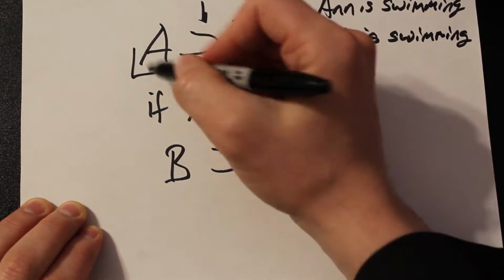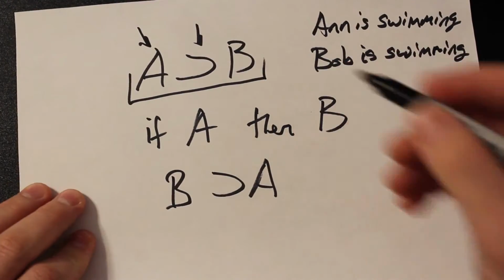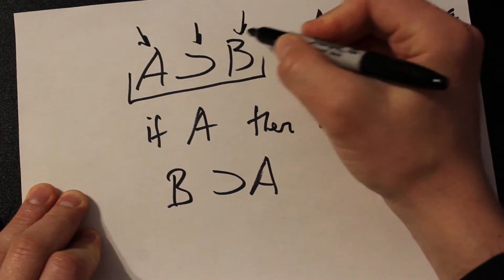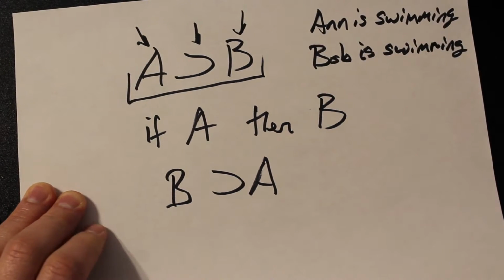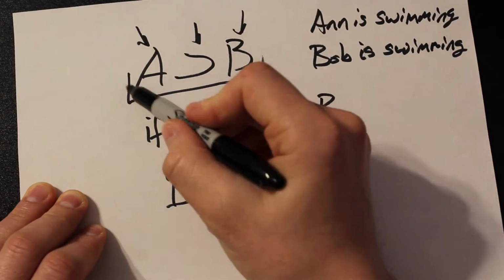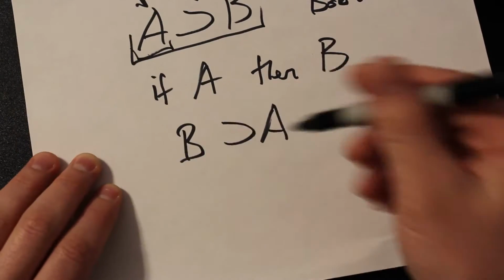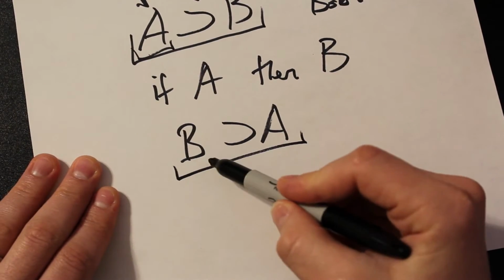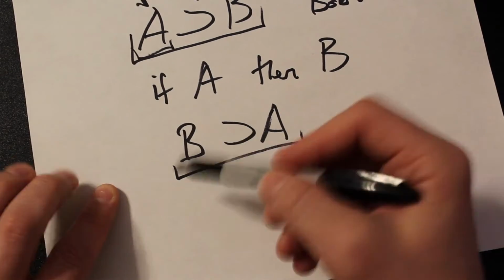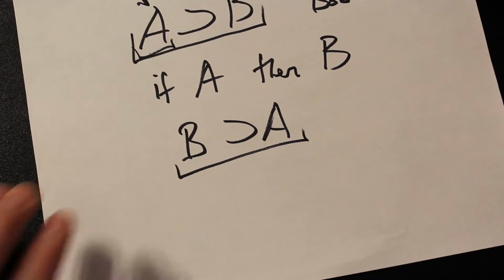In order for this to be true, either Anne is swimming must be true with Bob swimming being true as well, or Anne is not swimming. Now consider the other: if Bob is swimming, then Anne is swimming. So Bob is swimming must be true and Anne is swimming must be true, or Bob is swimming must be false altogether.